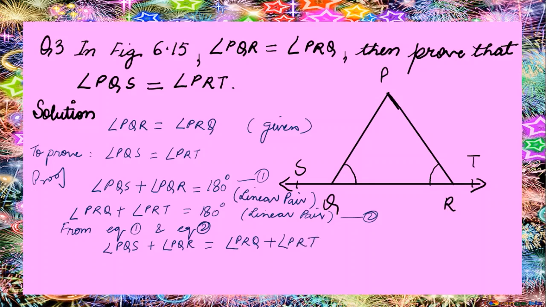Yes, and it is given angle PQR equals angle PRQ. So these two are equal, PQR and PRQ. So you can say angle PQS equals angle PRT. So in this way, you can solve it.